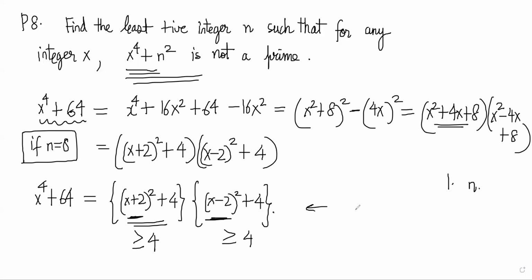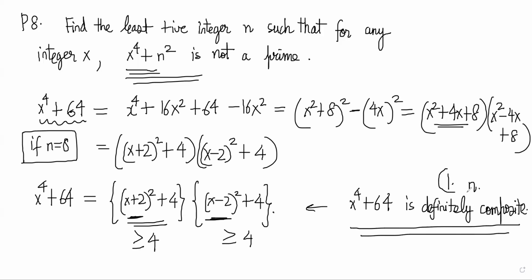So this number x power 4 plus 64 is definitely a composite number, because it has been written as the product of two different numbers other than 1 and itself. So we have got the first situation where this number is not a prime. This happens at n is equal to 8. We have to see whether it happens at a lower n or not.